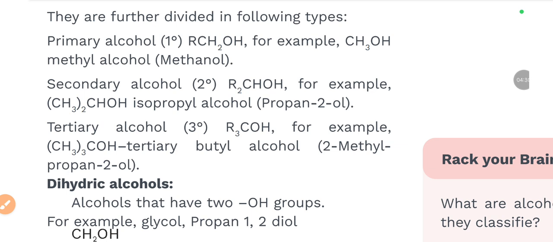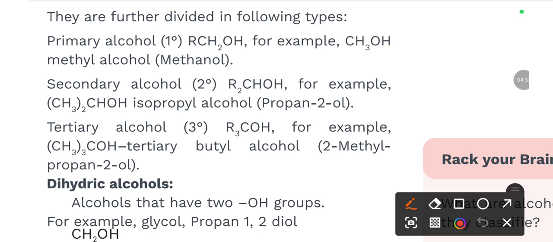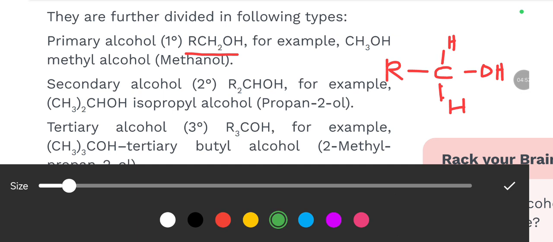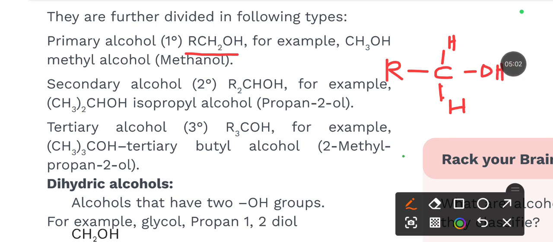This is carbon. To the carbon one OH is attached. I am talking about this structure. To the carbon one OH is attached, one hydrogen above, one hydrogen I am writing below, and then here it is R. R means alkyl group. So OH is the functional group.